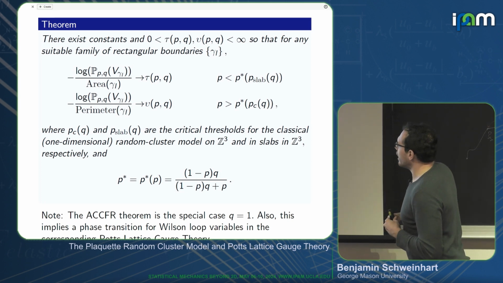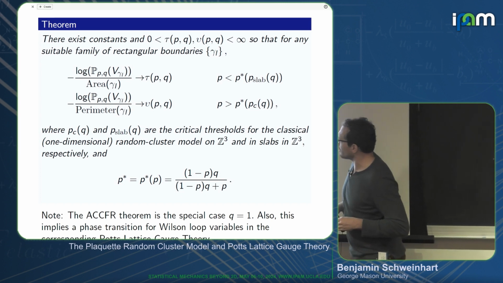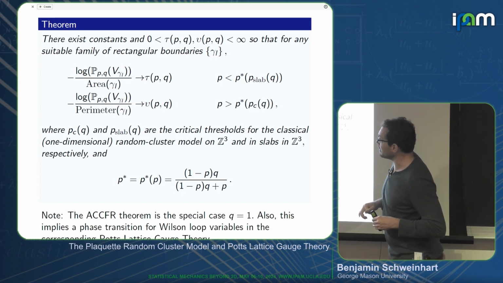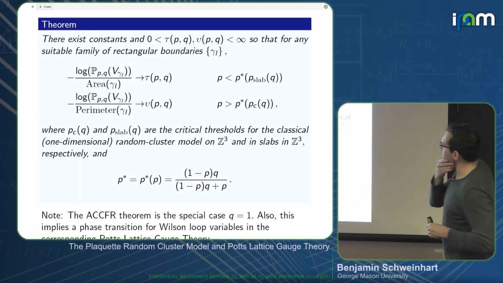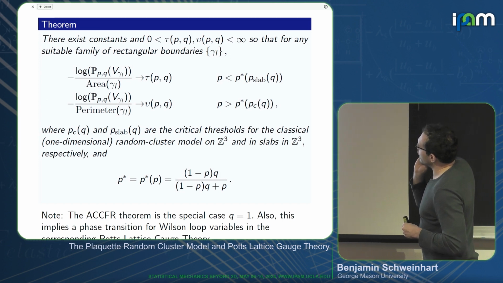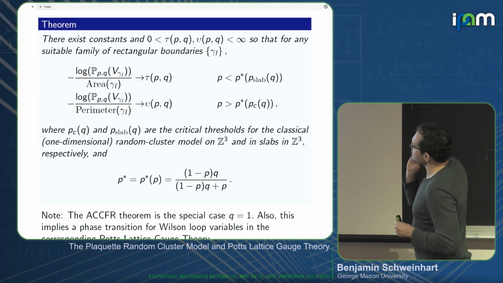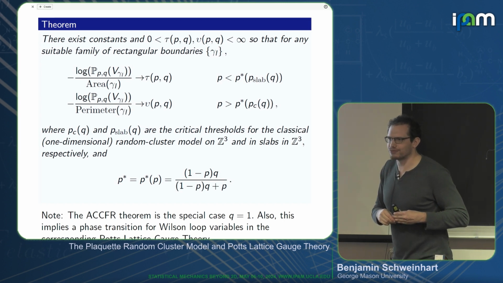Let me point out that these constants are well-defined and independent of your family of rectangular boundaries. And one of them, I think the perimeter law one, has a wider range of independence from boundary conditions.